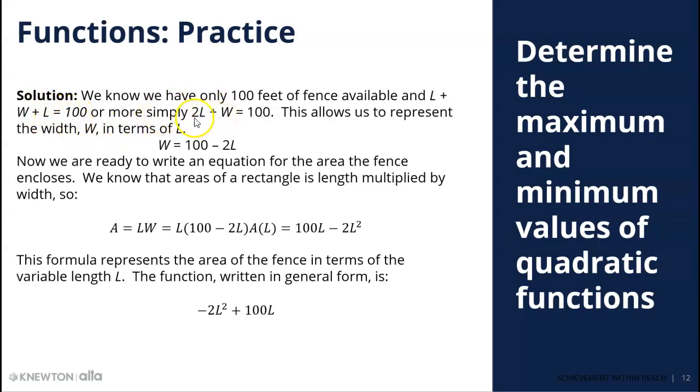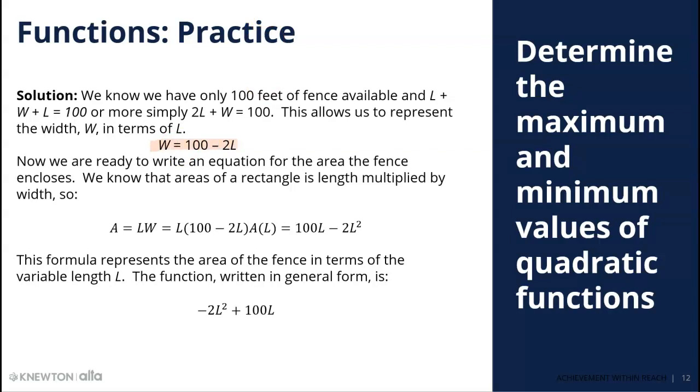When you simplify that, that is 2L plus W equals 100. And we can now solve for W in terms of L by transposing the 2L to the other side of the equation. That's how we get W equals 100 minus 2L.